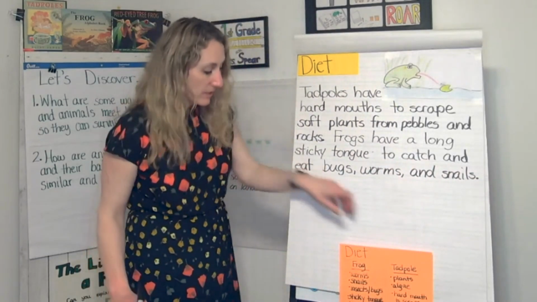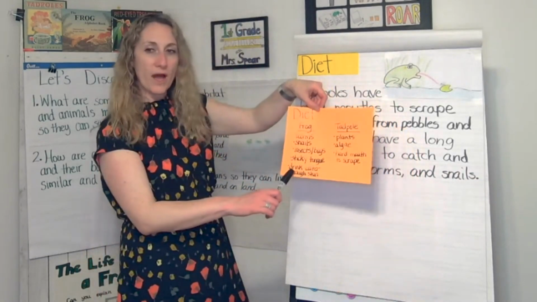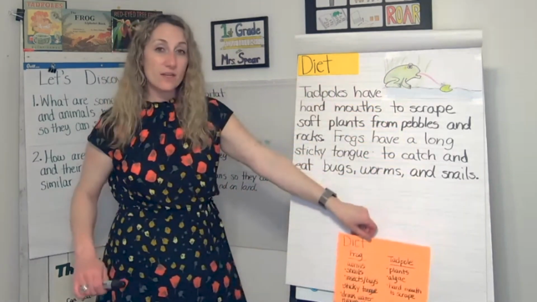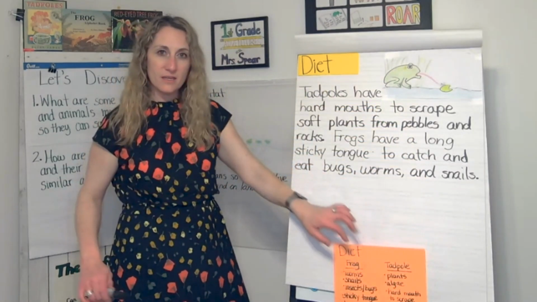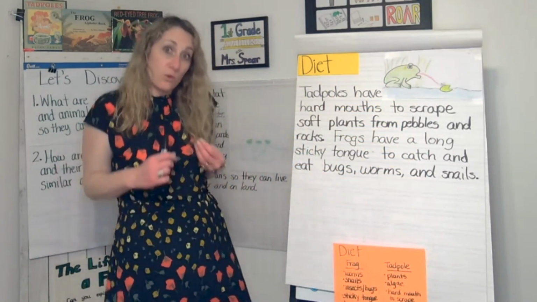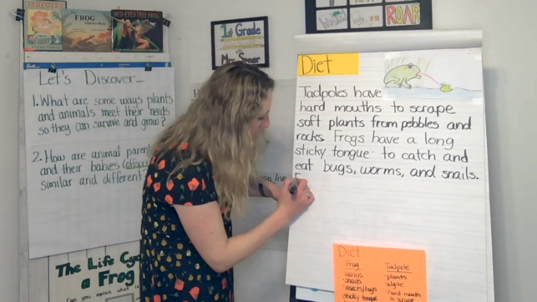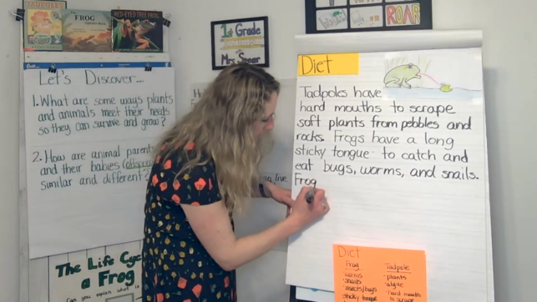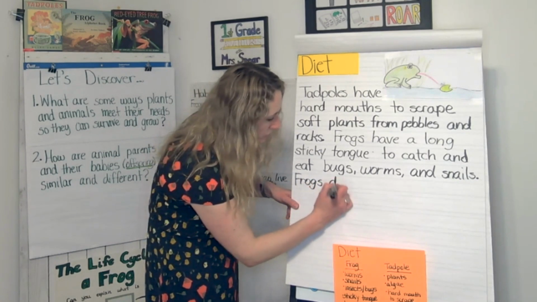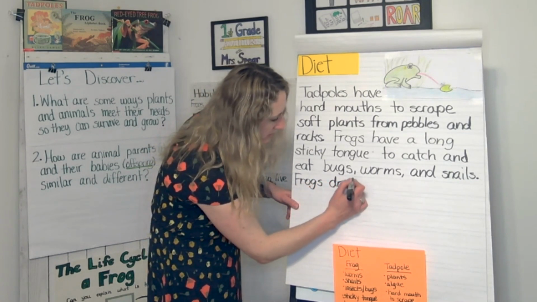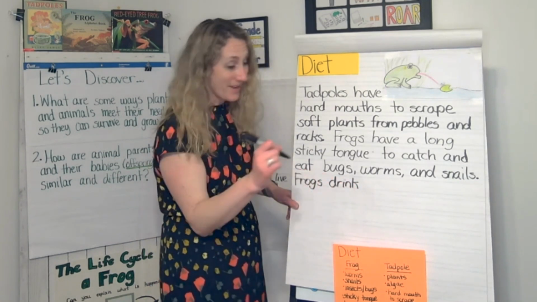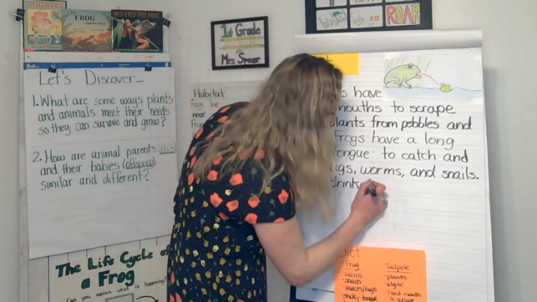The last thing we want to talk about, remember we talked about water? How do frogs drink water? Do you remember that? Yeah, through their skin. They absorb it through their skin. So we want to write that. They need that to survive. Frogs drink. What do they drink? Water. I'm going to put a space.